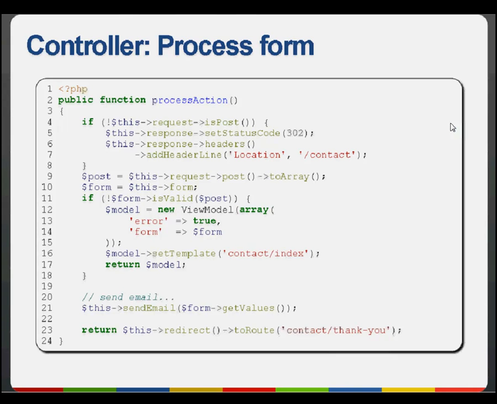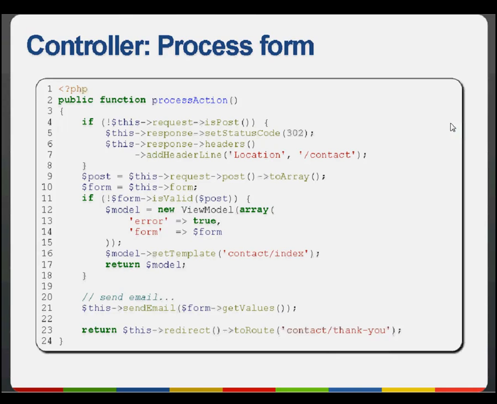Now, if we have a post, then we're going to actually try and validate it. So we'll grab the post variables and cast them to an array. We'll grab our form, and we'll check to see if the form is valid. That's line 11. If it's not valid, then we need to redisplay the form. So what we do here is something that we can do now as of beta 3. We create a view model, and we set the error variable to true.